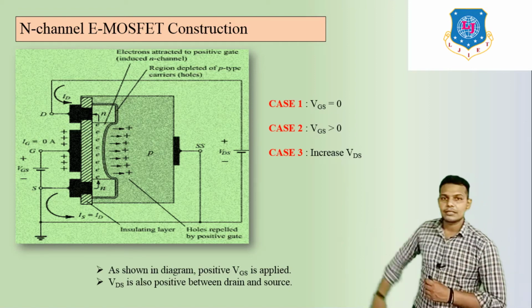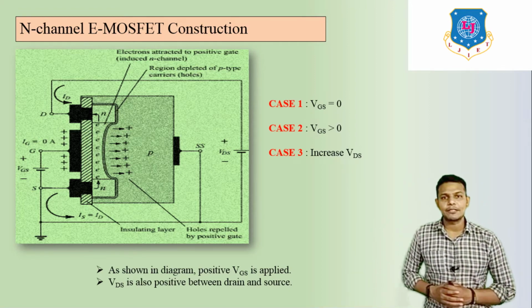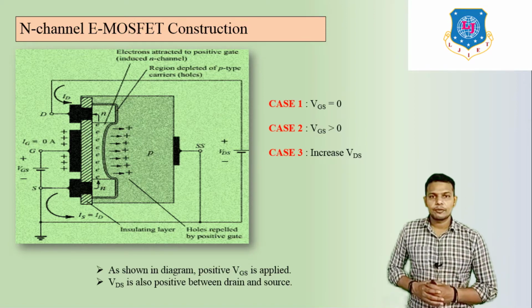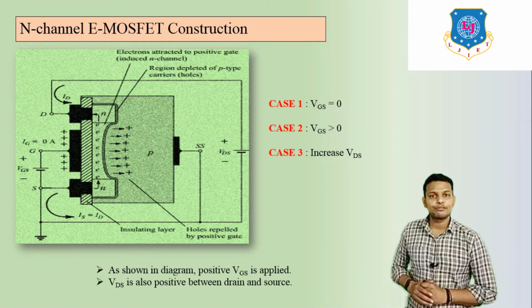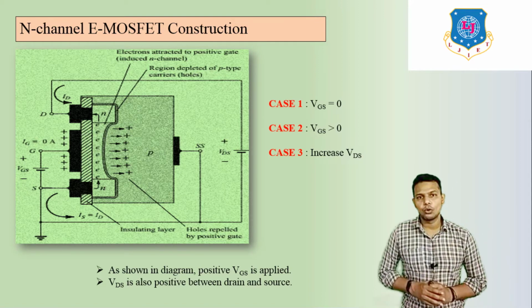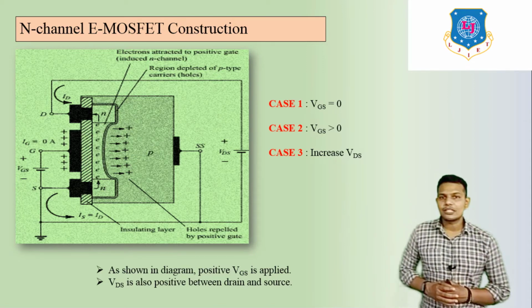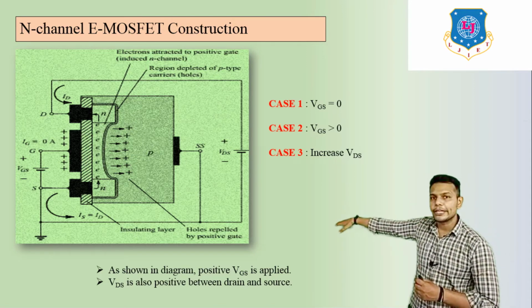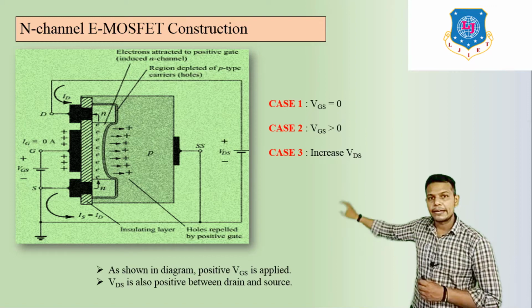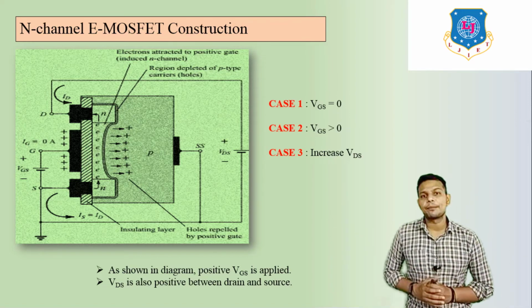So we are going to discuss case number 1 first. VGS is equal to 0, that means it is shorted. If there is no VGS, no input voltage, then no current flows in this channel. Why? Because the input voltage is 0, and in this construction we have seen that there is no channel present.